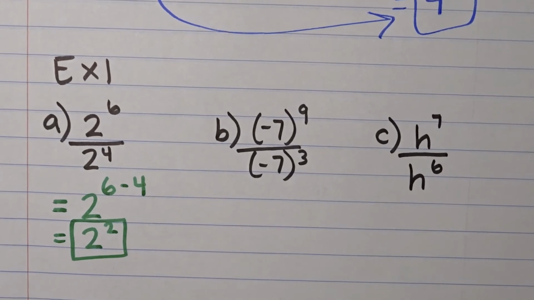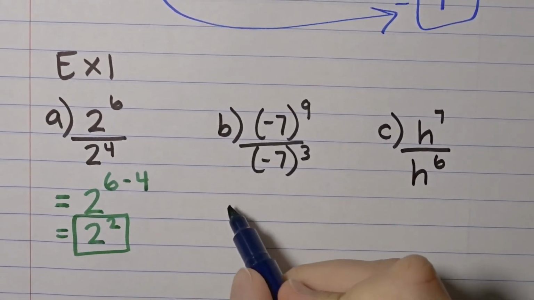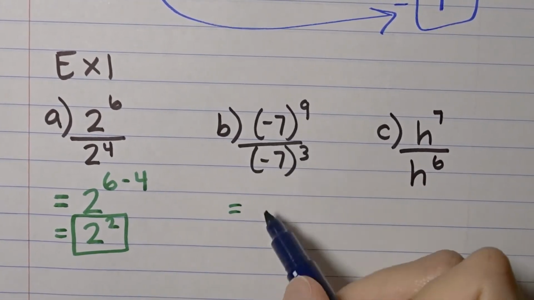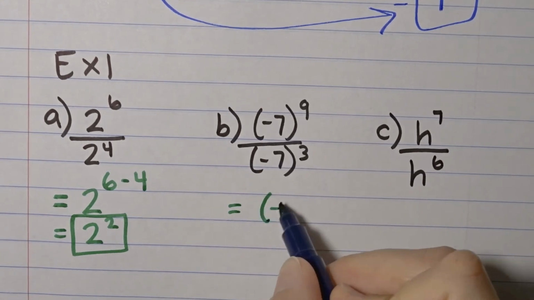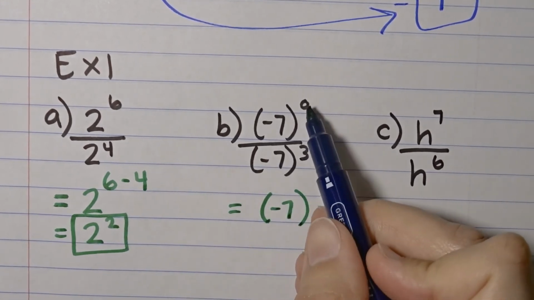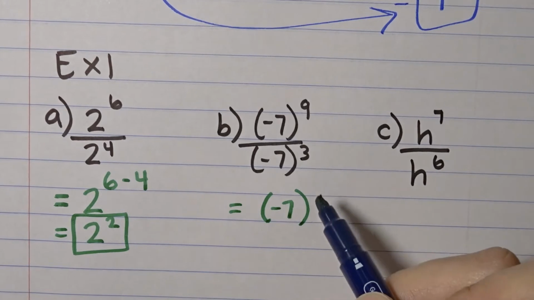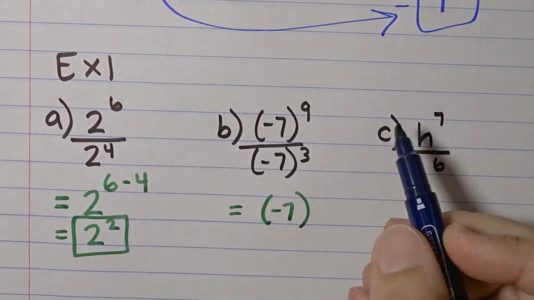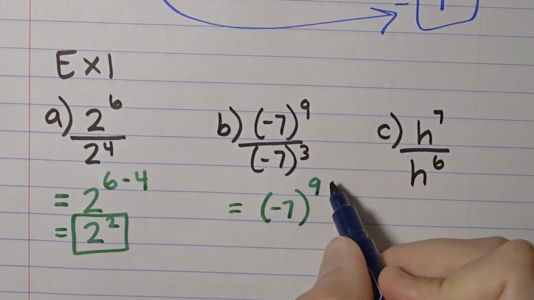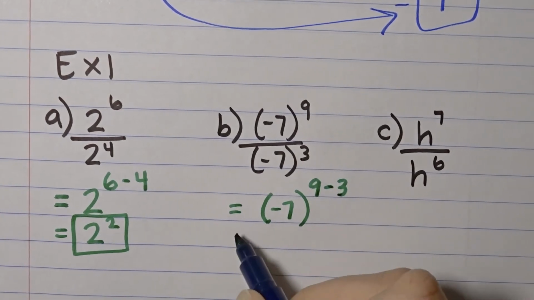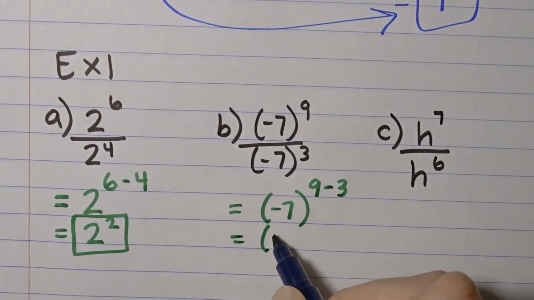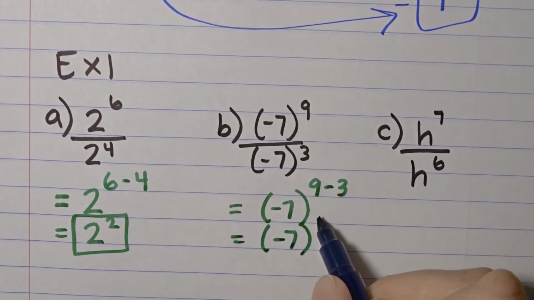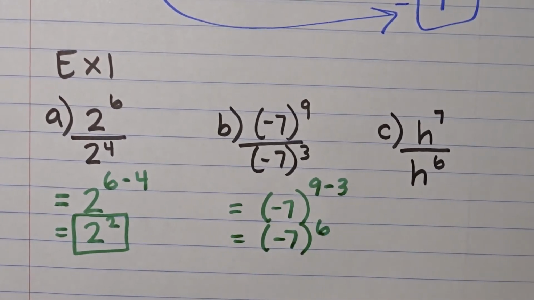Okay, and now let's look at B. Again, I have negative 7 as my base, and I had 9 of them up here, 3 of them down here. 3 pairs will cancel, so I'll have 3 invisible ones, and I'm still going to be left with 6 because 9 take away 3. That leaves me with negative 7 to the 6th power.